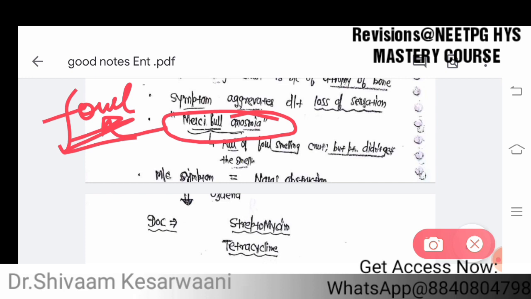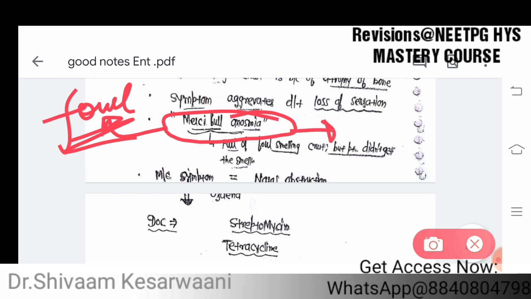So he is brought by his family or friends to the doctor, because the patient has anosmia because of atrophy of nerves, and whatever mucosa and nerves are left are covered by crust. That's why it is called merciful anosmia.